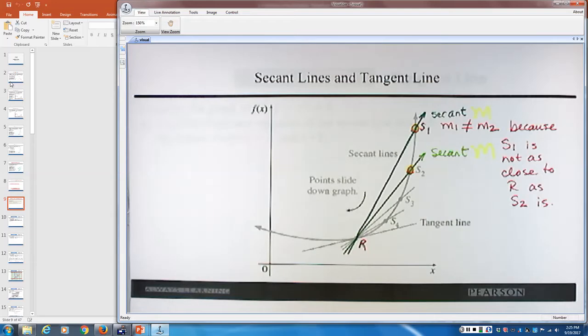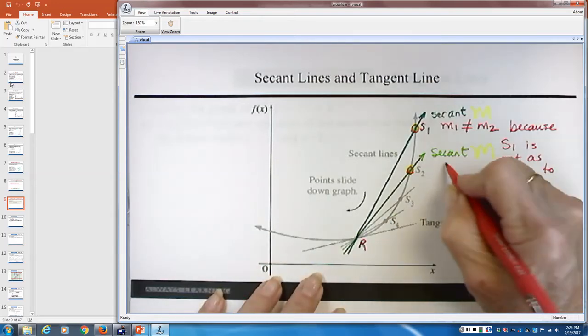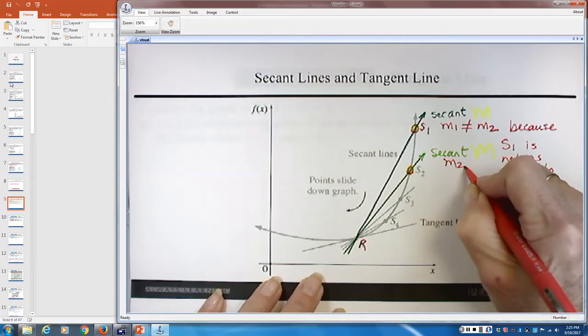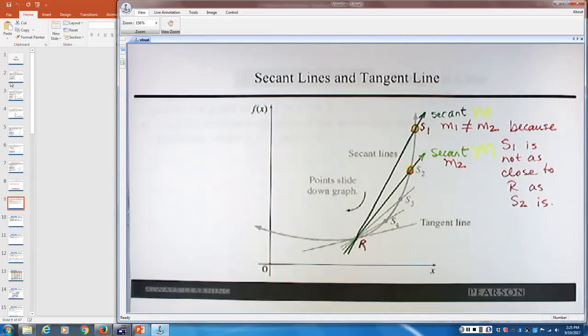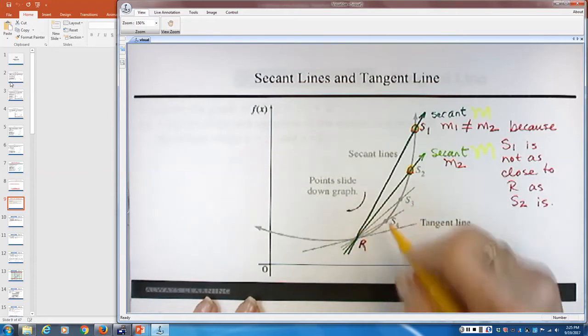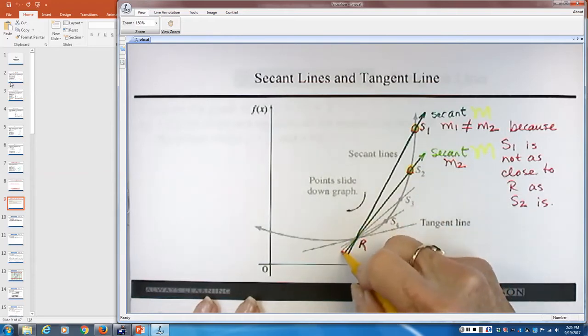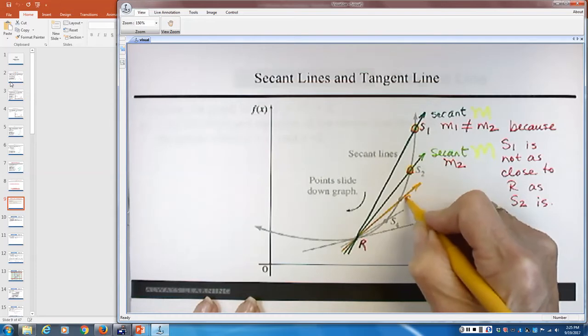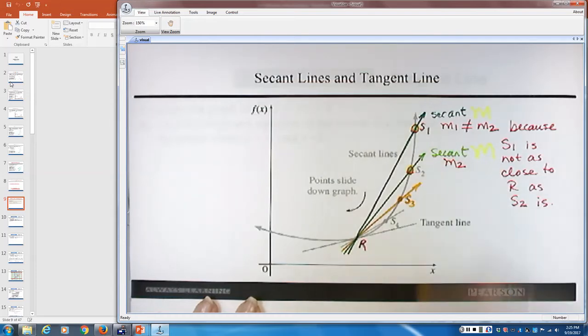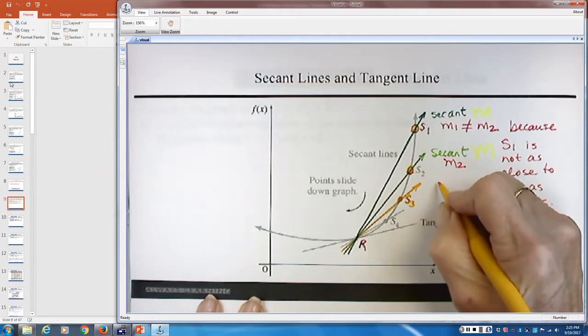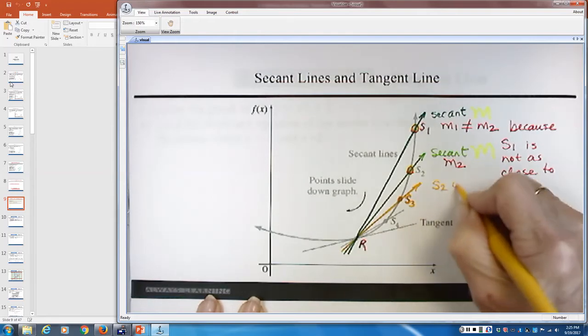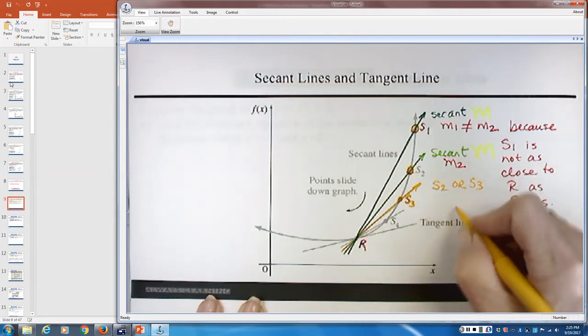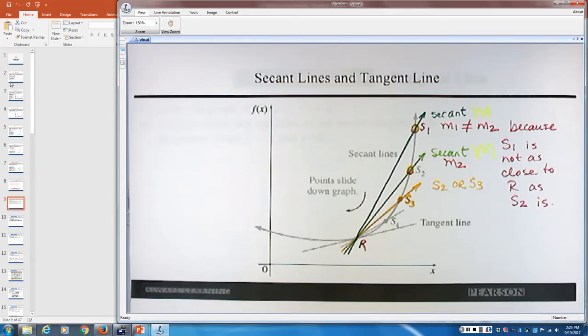And then again, if you have the secant line here and its slope is M2, I want to talk about this secant line, which is through the point S3, which is closer to R. S3 is closer.